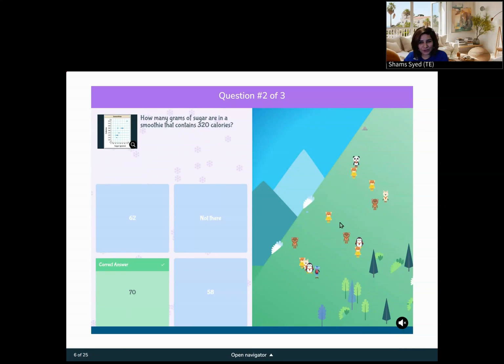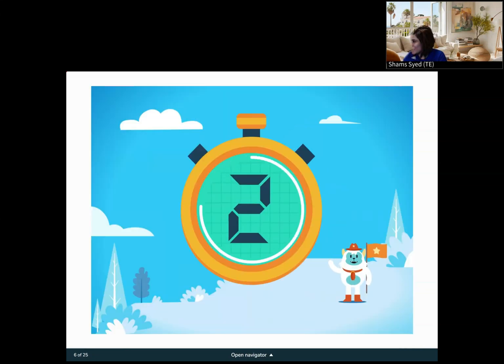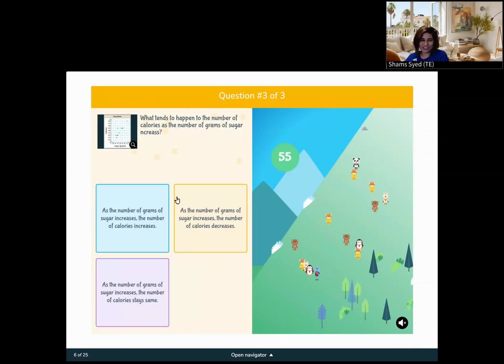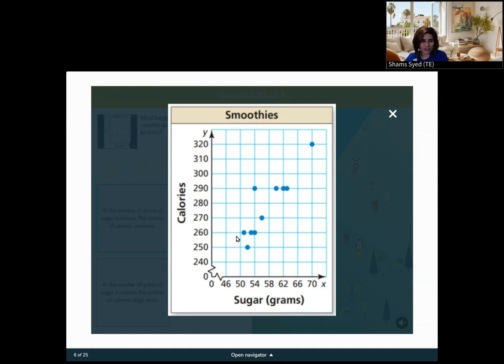Final question. Make sure to try your best. Kaden, you misclicked. Final question, try your best. What tends to happen to the number of calories as the number of grams of sugar increases? The word is increases. The I is missing, it starts with letter N, increases. That's a little typo.